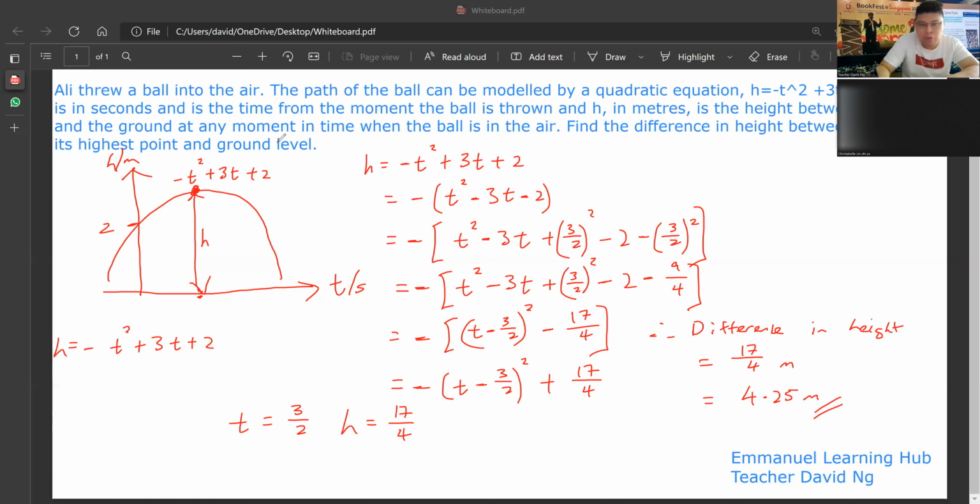Sometimes the question will ask the time when this happened. Okay, at 1.5 seconds, the ball would reach the maximum point, the highest point. Any question? No question.